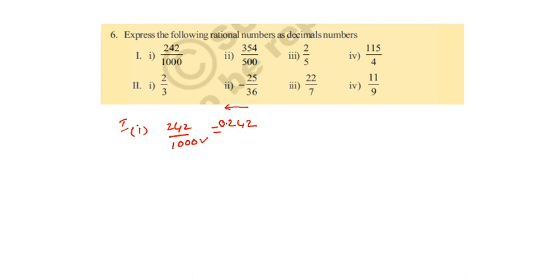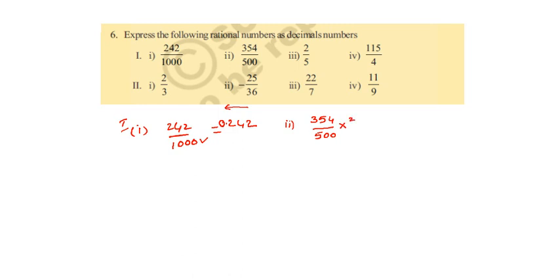What is in the denominator? You may observe here. 354 by 500. Here you observe the denominator is not in the form of 10, 100, 1000 like that. Now you convert this denominator into such type of numbers. To convert that, you multiply 354 by 500 by 2 by 2.